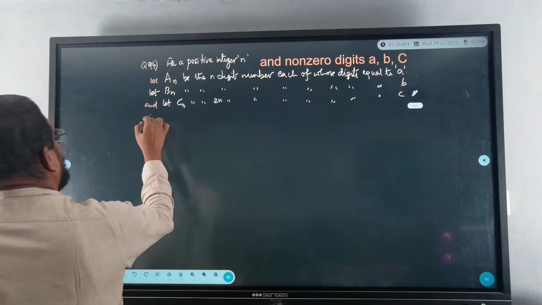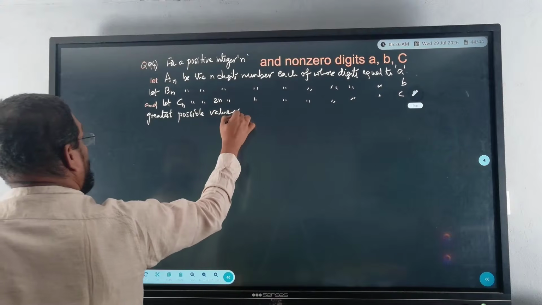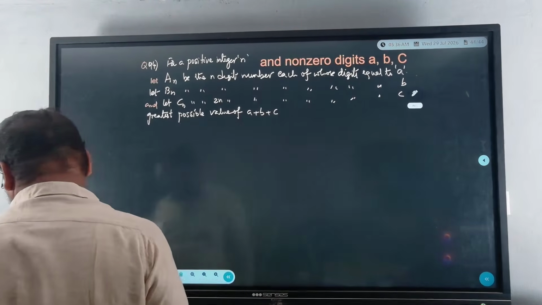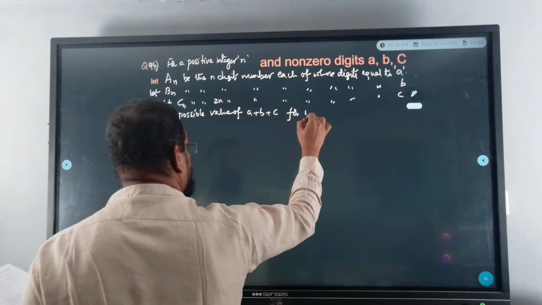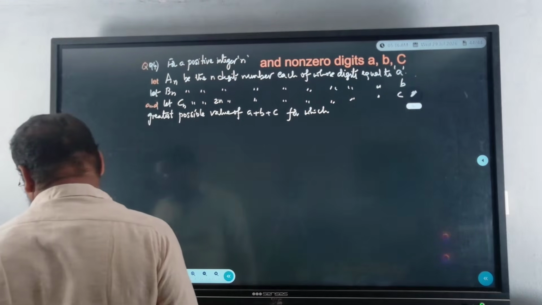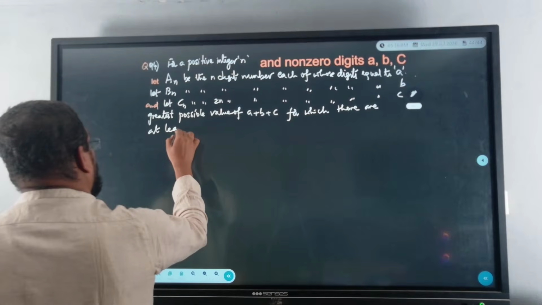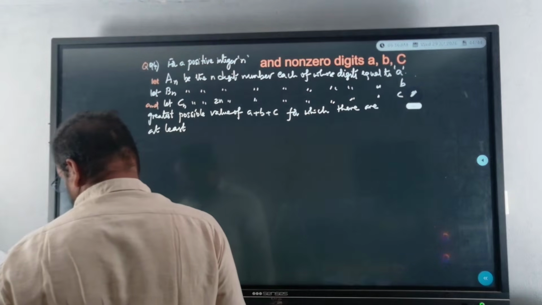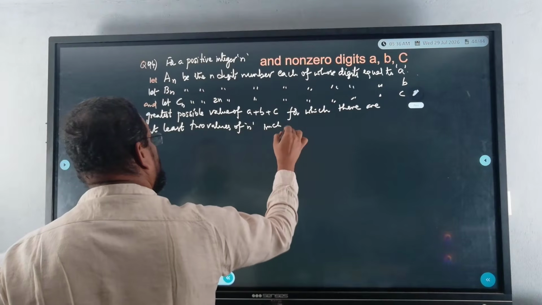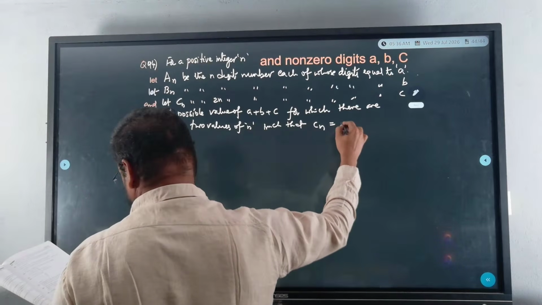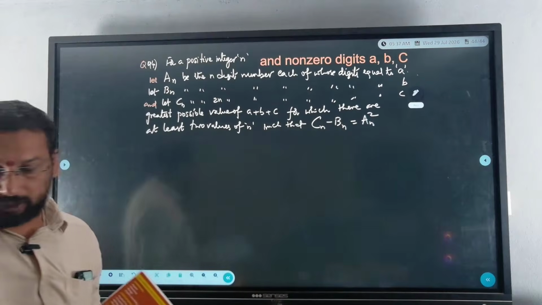What is the greatest possible value of a plus b plus c for which there are at least two values of n such that cn minus bn is equal to an square? That is the question. Write down, all of you.